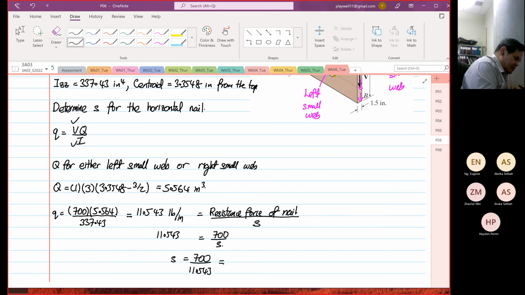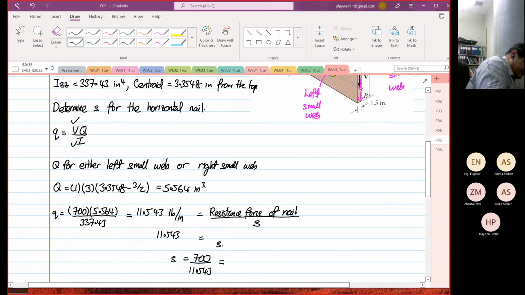So 700 divided by 11.543, the spacing is 60.6. Hold on, I'm getting something wrong down here. This is not 700, this is 100. No wonder the spacing is so weird.